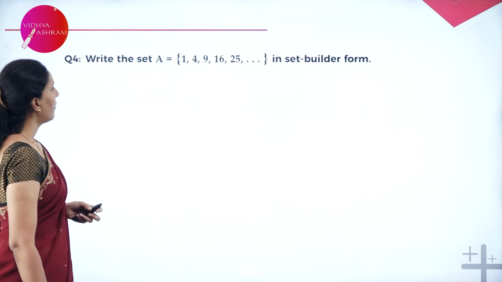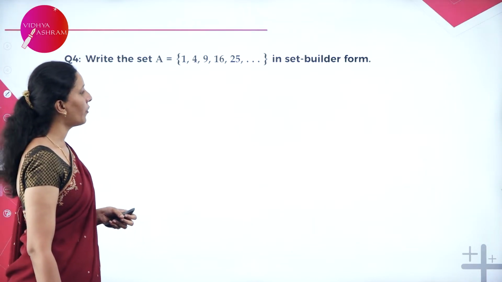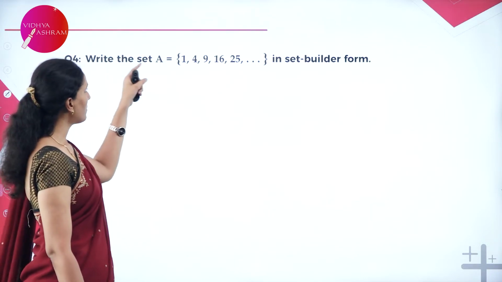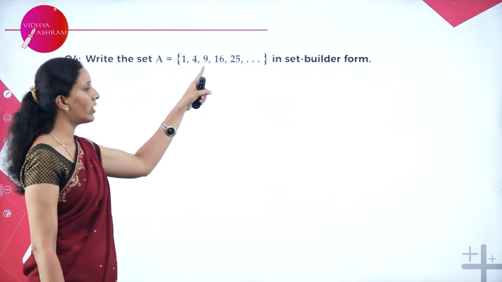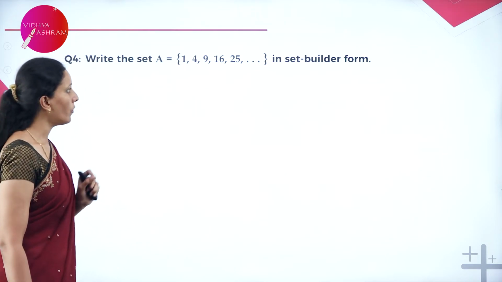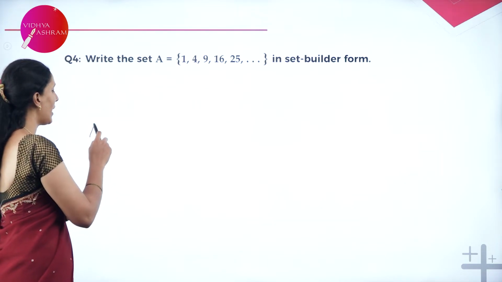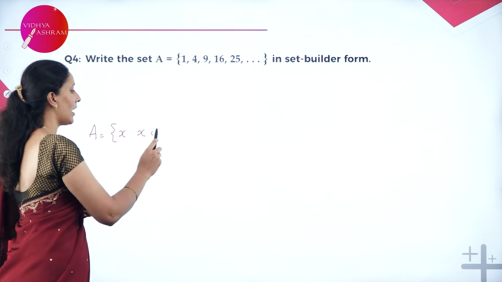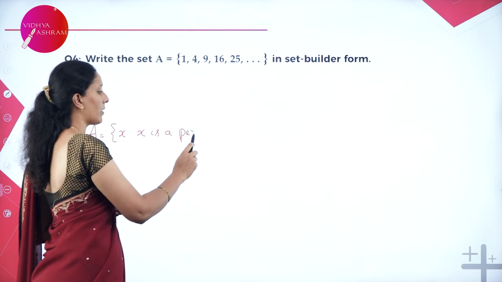Next, write the set A equal to 1, 4, 9, 16, 25 in set builder form. Clearly observe the elements of set A, they are all perfect squares. So how can we write it? We can write set A as x such that x is a perfect square.